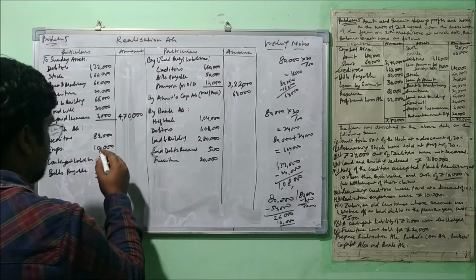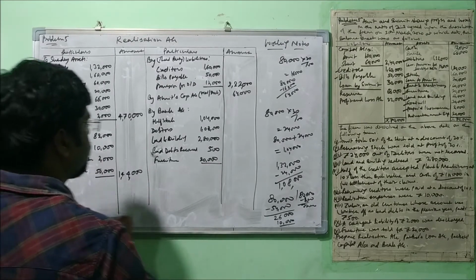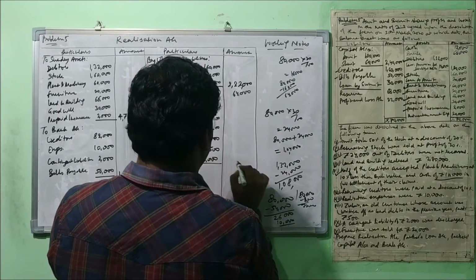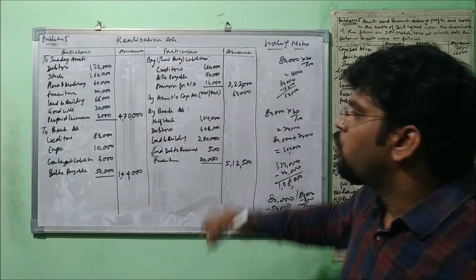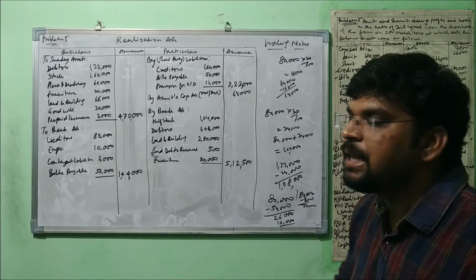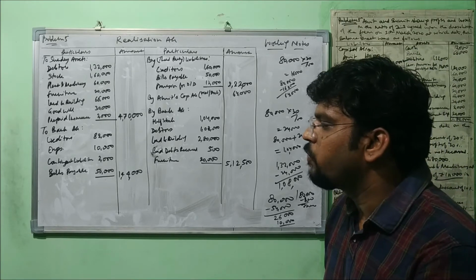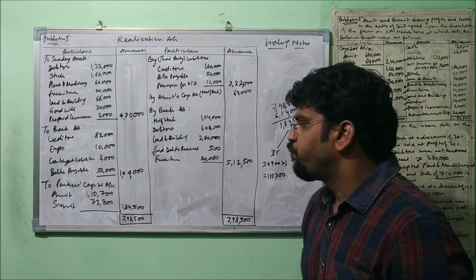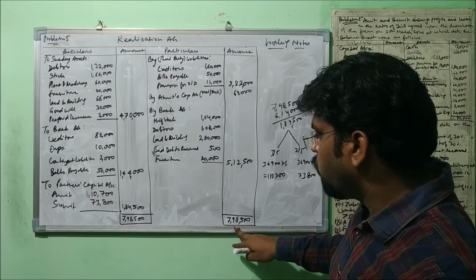Okay. So let's make the total of these two very first. 1,44,000 in this year. 5,12,500. Okay, now we will do the total and then we will calculate profit or loss on realization, and thereafter we will transfer the same to partners' capital account in their profit sharing ratio. After making the total, we got to know this side total is more.